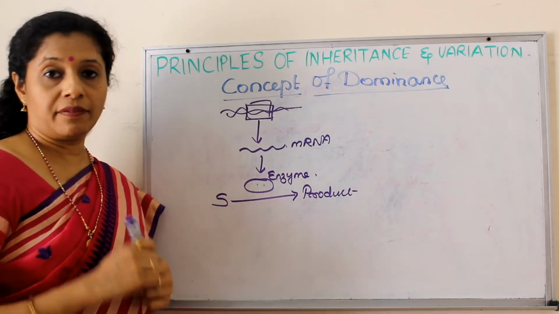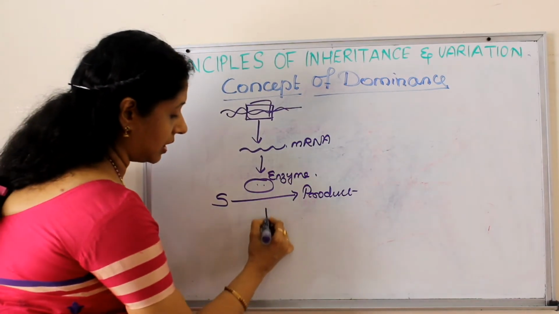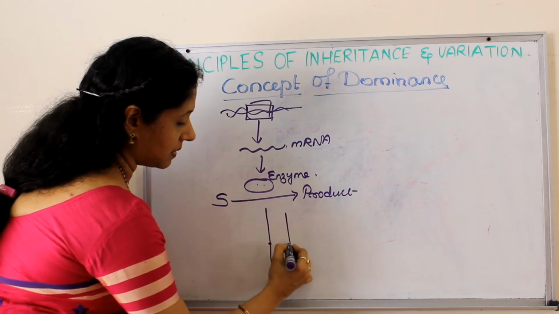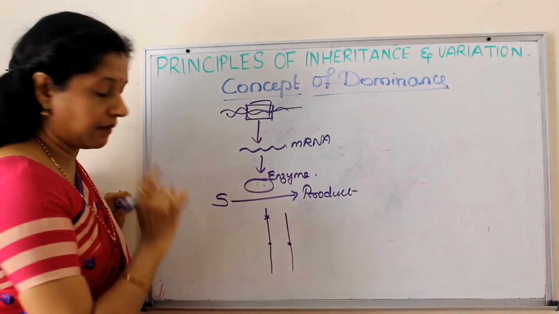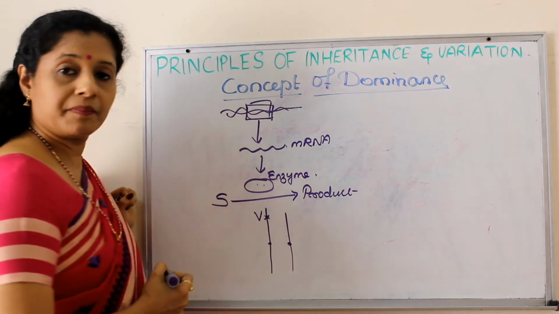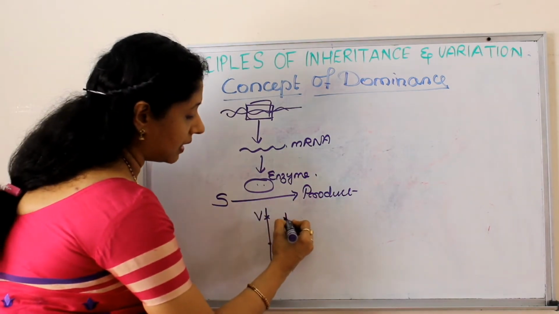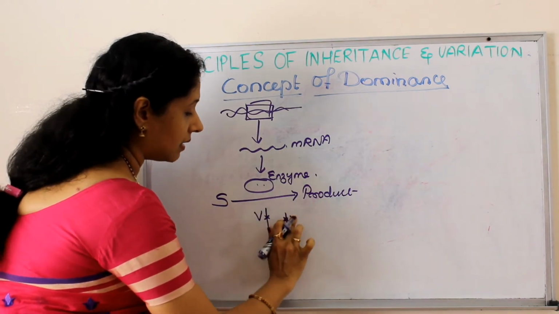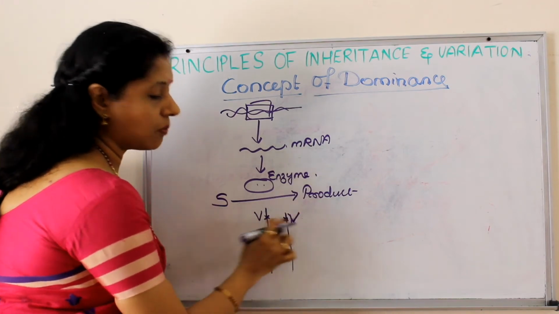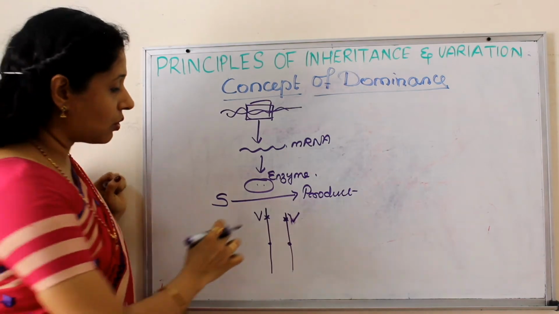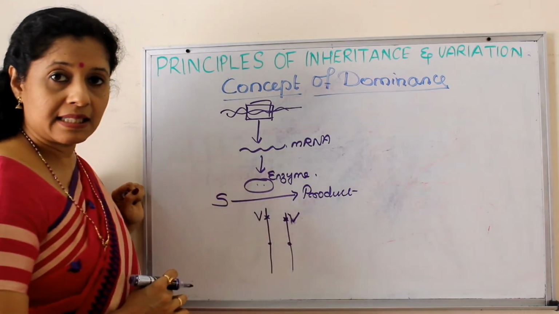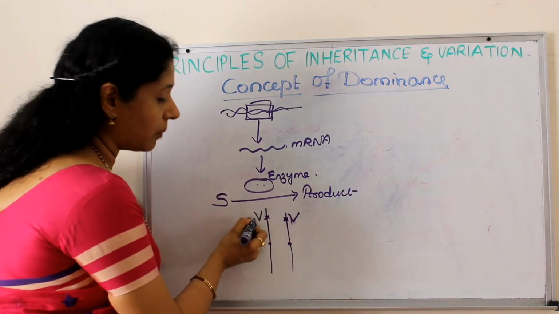So in the case of the dominant or homozygous condition, imagine these are two chromosomes. So here is one allele, for example, for violet flower. And here is another one, again both are the same, capital V. So both are identical, then we call it homozygous. So if both are homozygous alleles, then this is a dominant allele, right?